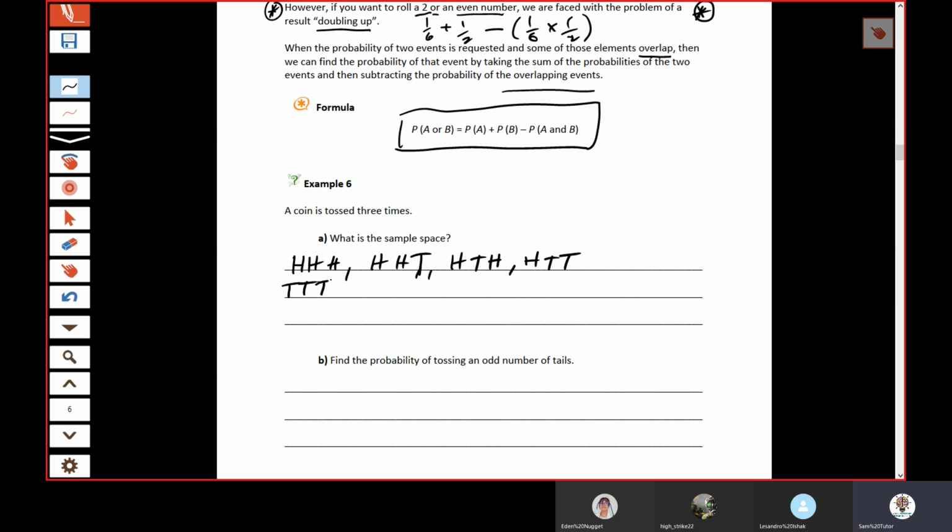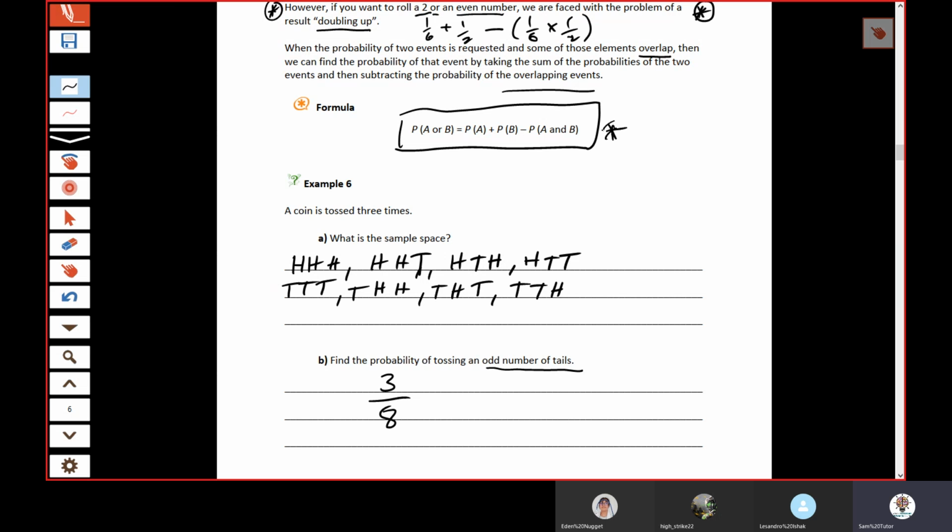And then you could have got tail, tail, tail; tail, head, head; tail, head, tail; tail, tail, head. Find the probability of tossing an odd number of tails. Well, in this case, if you've already listed the sample space, you'll just go odd number of tails. Well, that's 1, 2, 3. 3 out of 8.